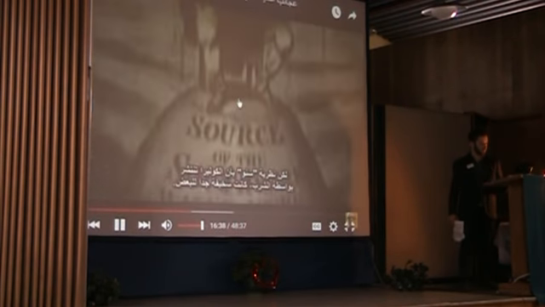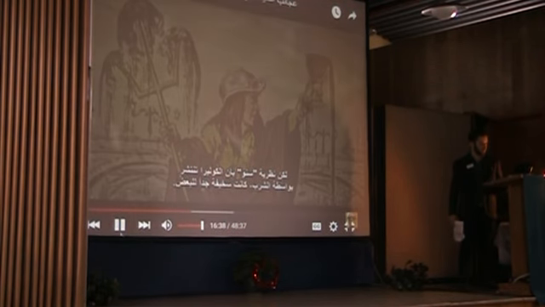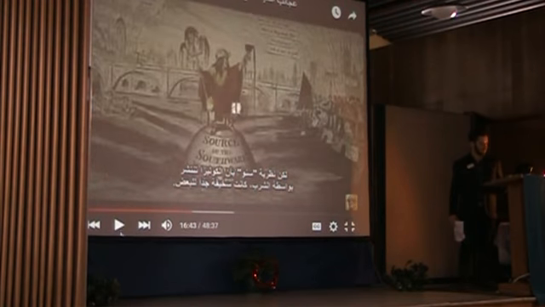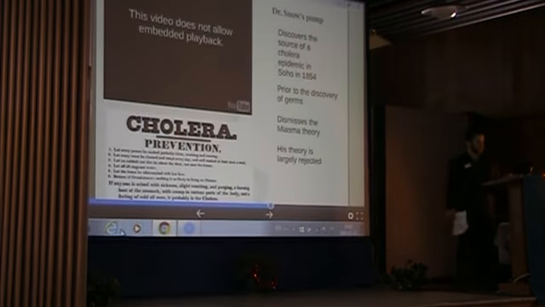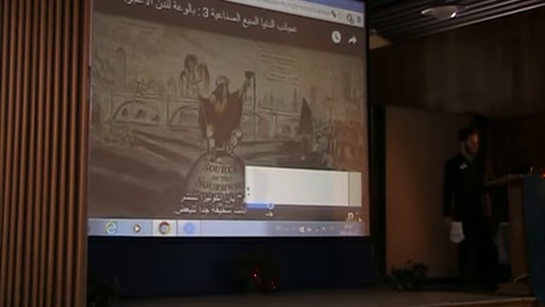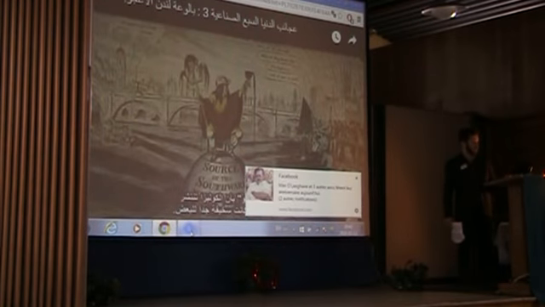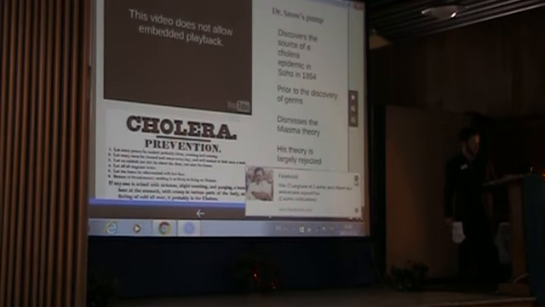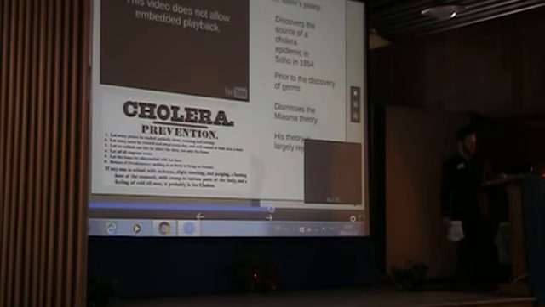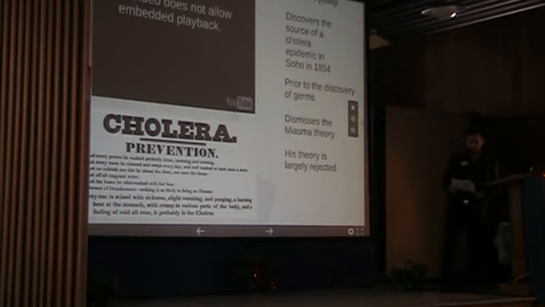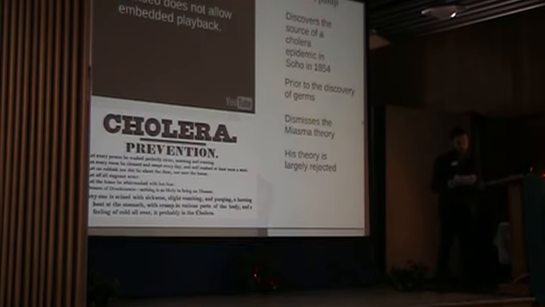But Snow's theory that cholera was spread by drinking water was too rapid. So we can see here a very important man in the history of this disease, Dr. John Snow.